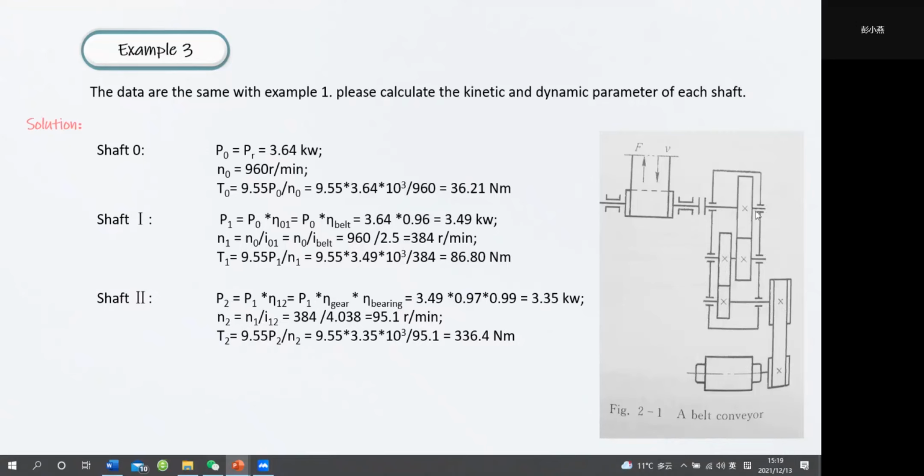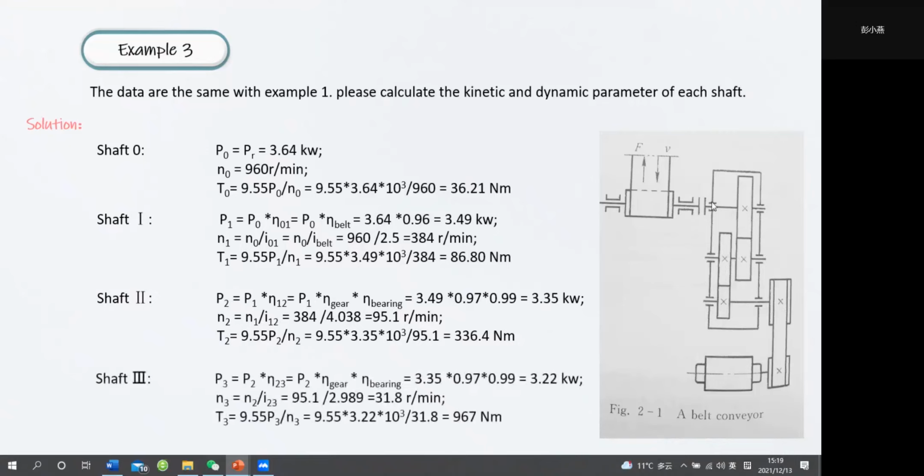We calculate the input torque for shaft 2. And then for shaft 3, we also need to consider the efficiency of gear and bearing. So P3 is P2 times the efficiency of gear and times the efficiency of bearing.